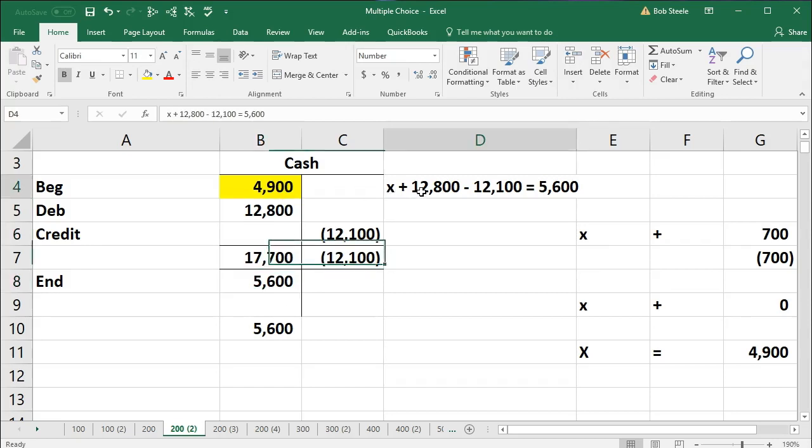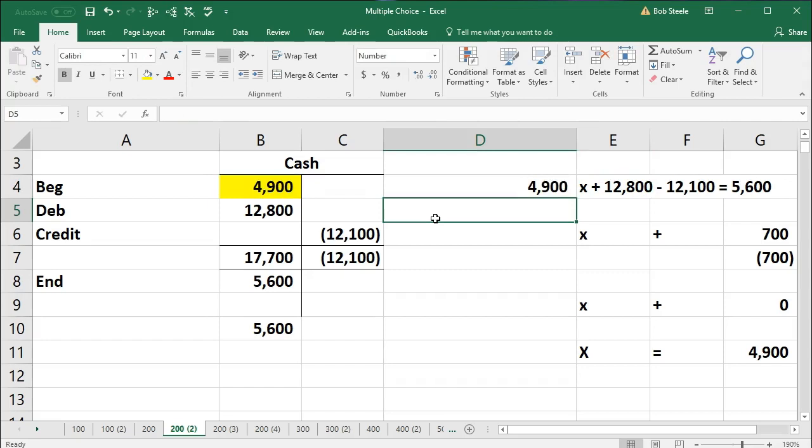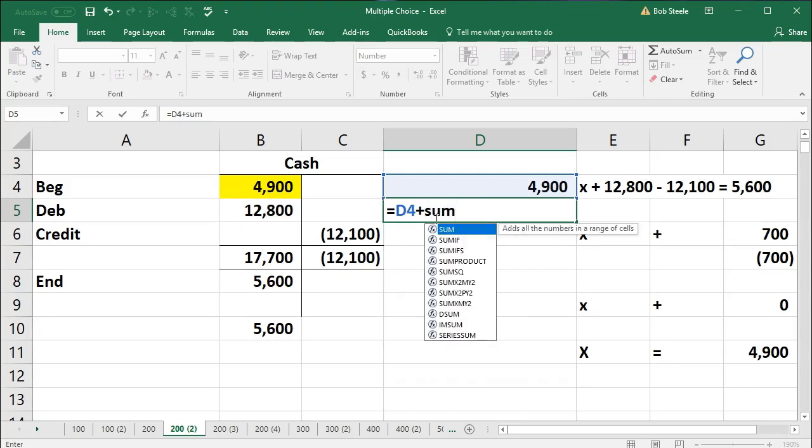We thought of it here as a running balance. The running balance idea would be that this is going to be the beginning balance, and then with a running balance, we would have the prior balance plus the debit and the credit, or in this case plus the sum of these.